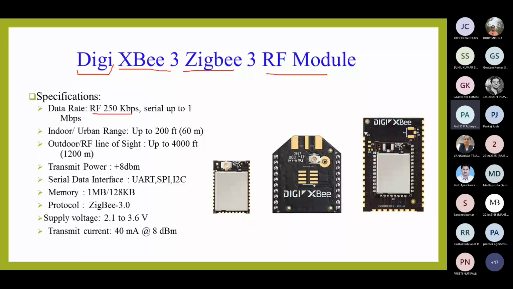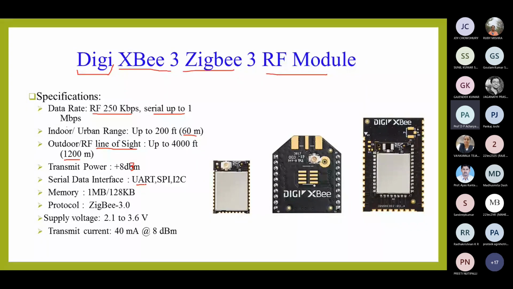The indoor range is 60 meters. Outdoor range is, you can say, 1200 meters. So of course, line of sight is important. If you miss the line of sight, it comes to 50%, 500 meters maximum. Transmit power is 8 dBm, and you have interfaces like UART, SPI, I2C.